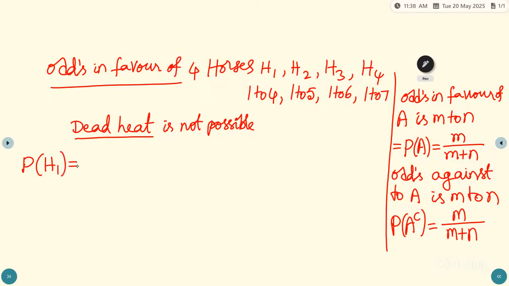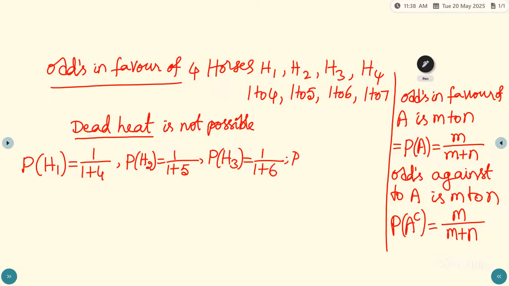P of H1 equals what? 1 by 5, P of H2 equals 1 by 6, P of H3 equals 1 by 7, P of H4 equals 1 by 8. That's enough. This is the given data.